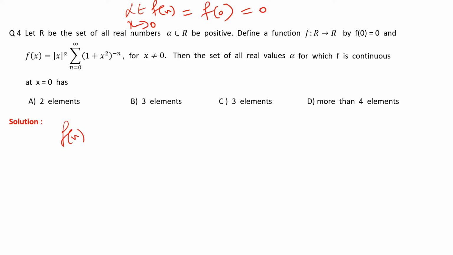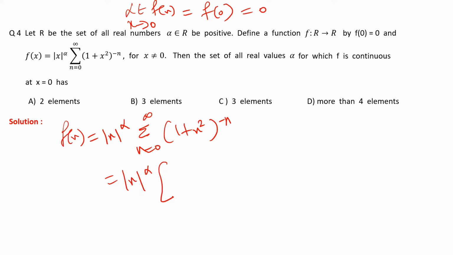Now f of x is mod of x to the power alpha into summation n varying from 0 to infinity, 1 plus x square whole power minus n. This is mod x to the power alpha into, now this n is obviously a whole number.